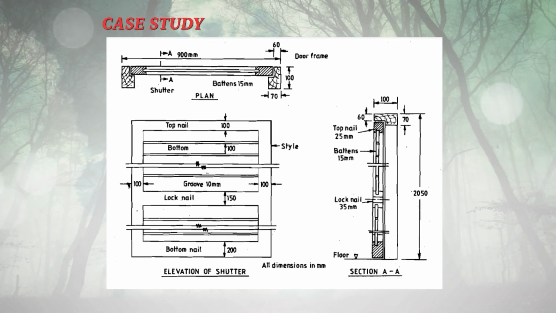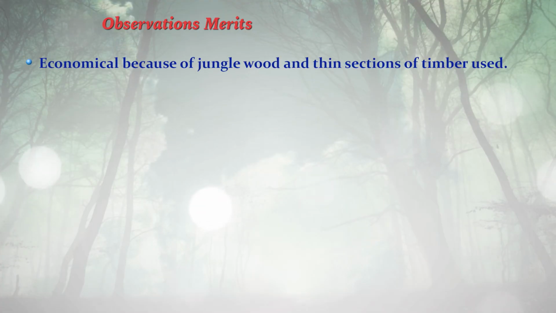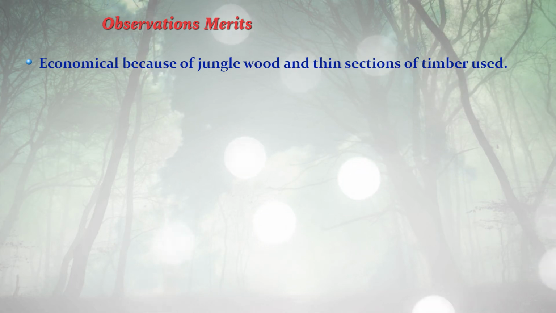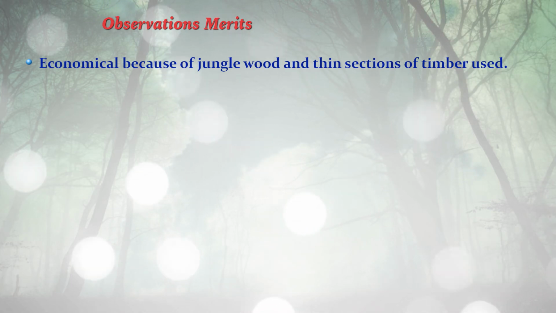I will tell you what defects were observed on inspection. On observation, we found that there were some merits and some demerits with the wood which was used for this particular purpose. Let's begin with merits. It is economical because of jungle wood, and thin sections of the timbers are used.